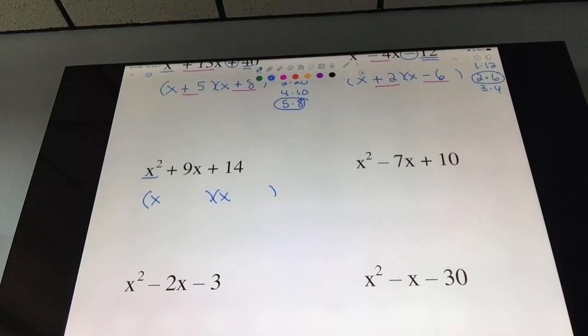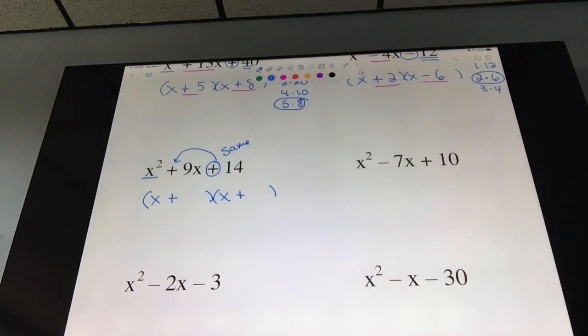All right, x times x, x squared. Positive at the end means same. So I look to the middle, which means plus plus. So 14. Let's not even write it down this time. Let's try it. What two numbers multiply to give me 14, but also are going to give me my 9?